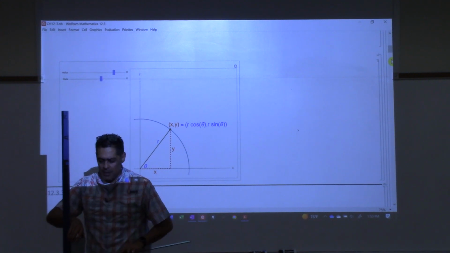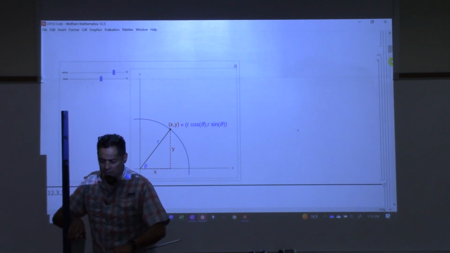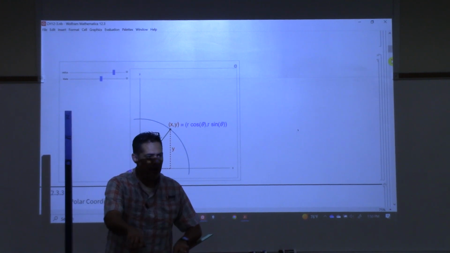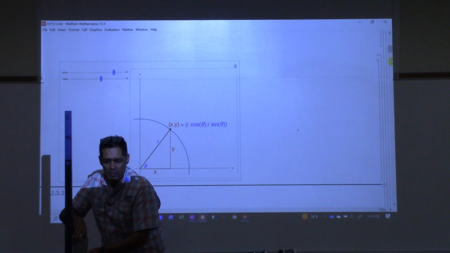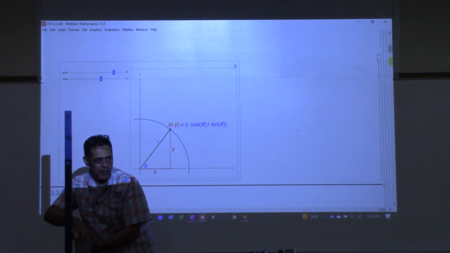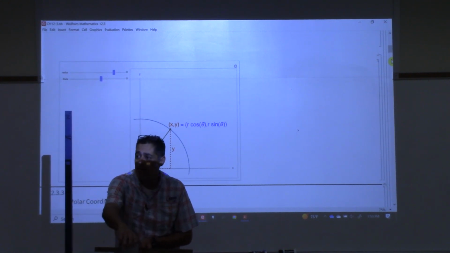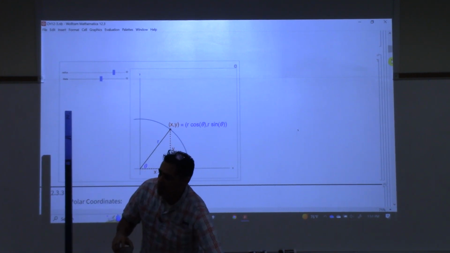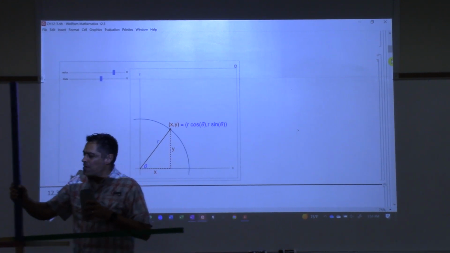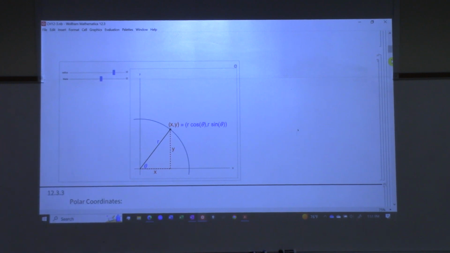I could give you the x and then the y, and then you're there. But I could also give you an angle to turn to, point in a certain direction, and then tell you how far to walk out, and you will still get to that same point. So that is what polar coordinates is. It's just a different set of instructions on how to get from the origin to a point.